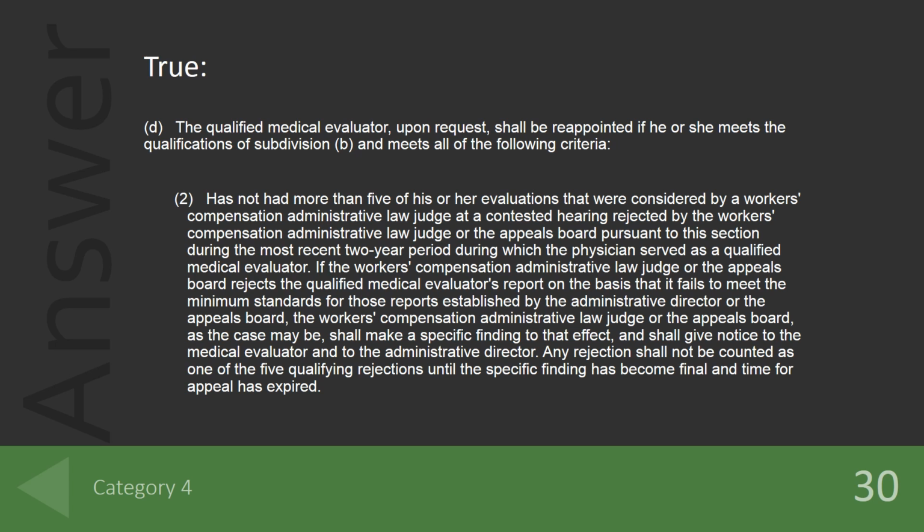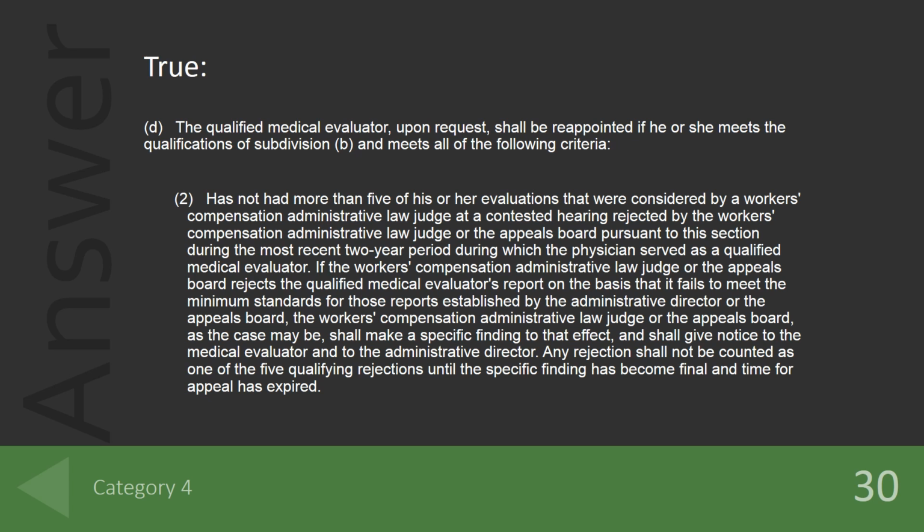And I don't say that to indicate that my reports are anything spectacular, but I simply mention that to contrast that this section allows up to 5 bad reports before your QME credential can be denied reappointment. So in my opinion, that's a very generous allowance within a 2-year time period. That's a very generous allowance.